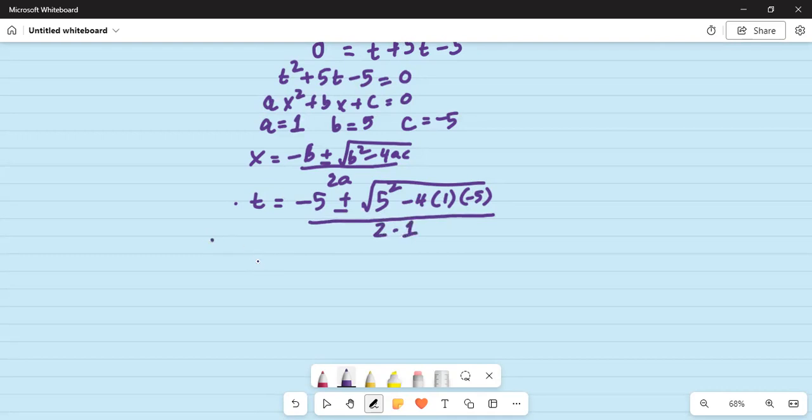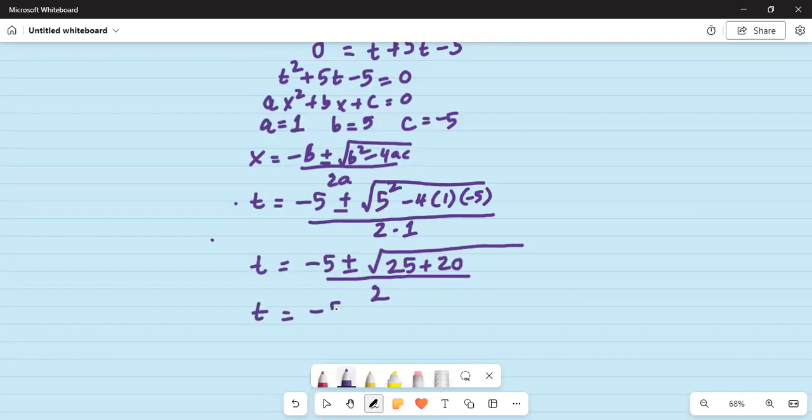So t is equal to minus 5 plus or minus square root of 5 square is 25, minus 4 times minus 5 is positive plus 4 times 5 is 20, divided by 2. So t is equal to minus 5 plus or minus square root of 25 plus 20, which is square root of 45.